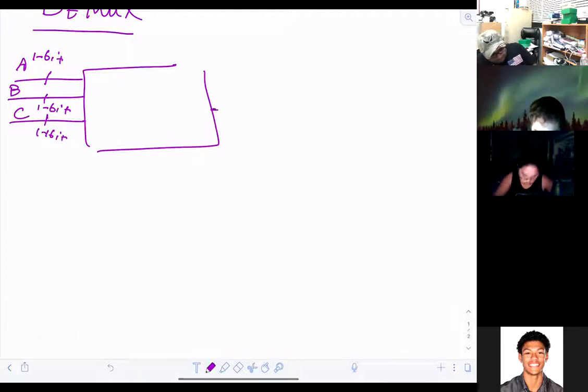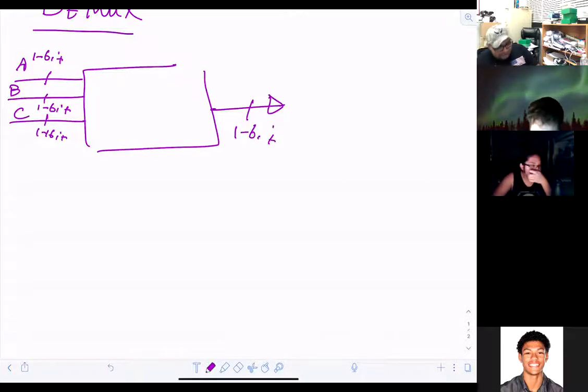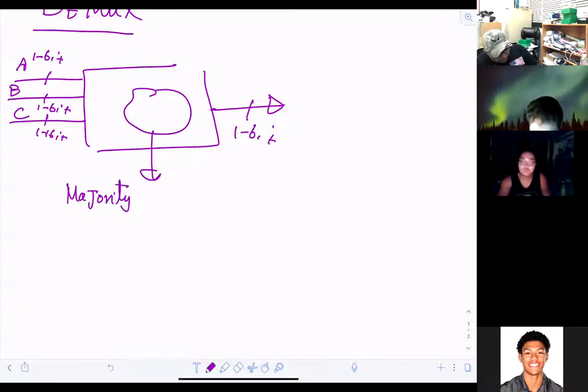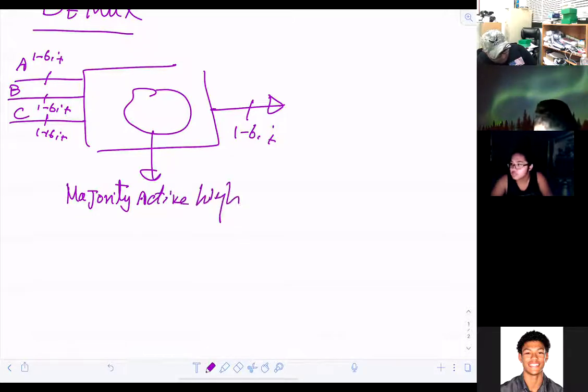Then the output of this box is just 1 wire, which is also a 1-bit representation. What this box is doing is called a majority active high encoder. What does this mean?